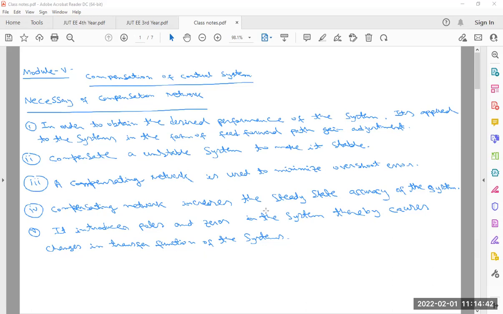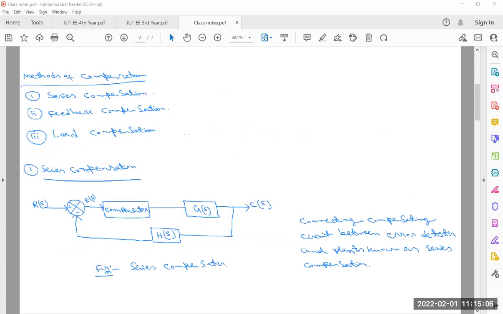This is a very important point. And it introduces poles and zeros in the system, thereby causing changes in the transfer function of the given system. So these are basically the necessities of the compensation network.